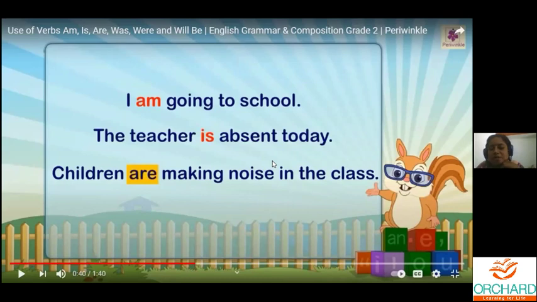Yes, very good, Arshin. Am, is, are. Yes, write the sentences and underline it.